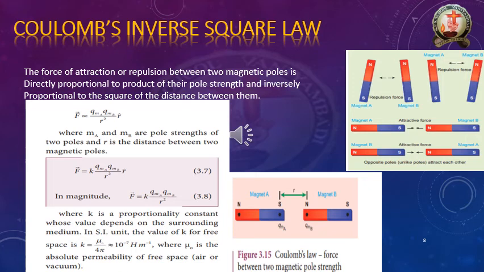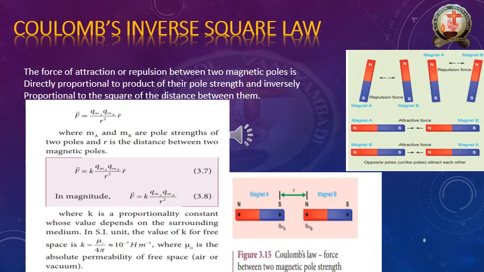So the distance between the south pole and north pole is R. At the same time, the south pole has pole strength QMA and the north pole has pole strength QMB. The distance between the two poles is small. According to this diagram he wrote that statement and that expression.